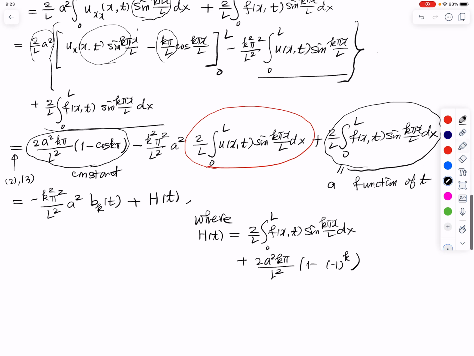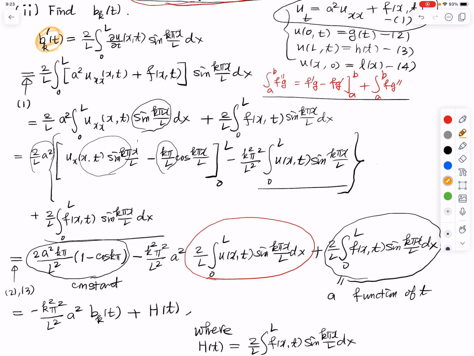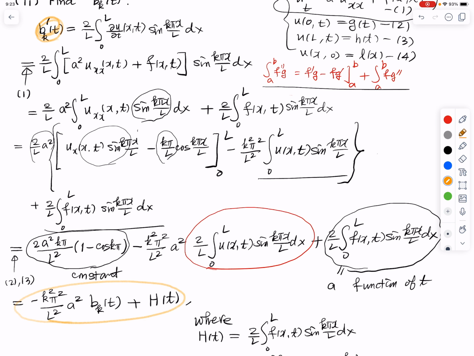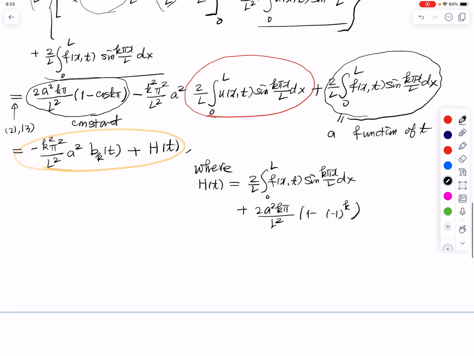So then we obtain the equation: bk prime(t) equals minus k square pi square divided by L square a square bk(t), plus h(t).